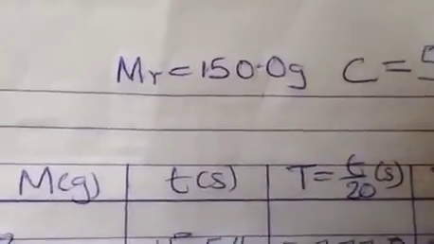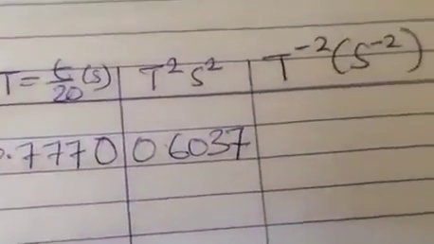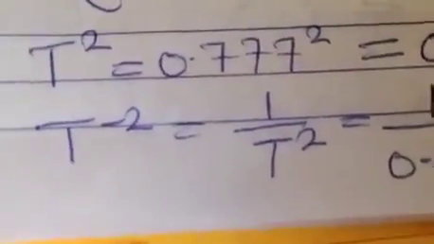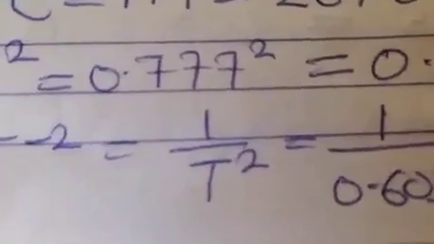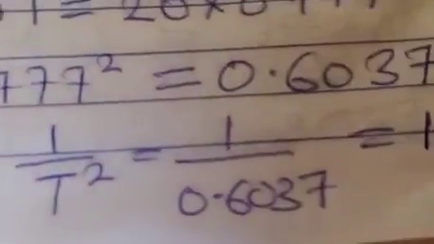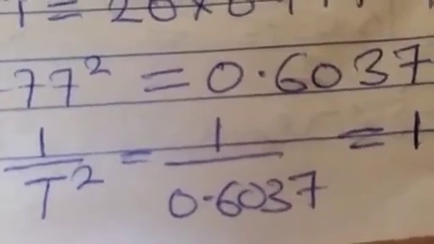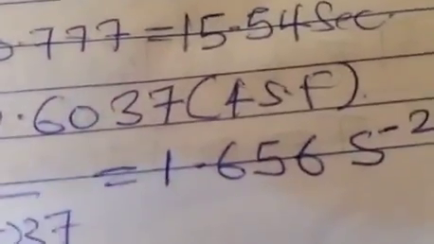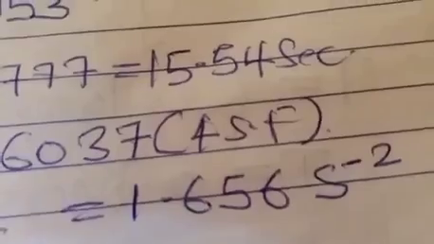Report it. That is the square of the period obtained. Then we'll now find the inverse of the square of the period. So T raised to the power minus 2, the inverse of the square, becomes 1 over T squared. That's what it means. So 1 over 0.6037, and that gives us 1.656.